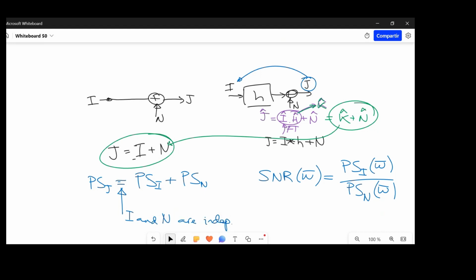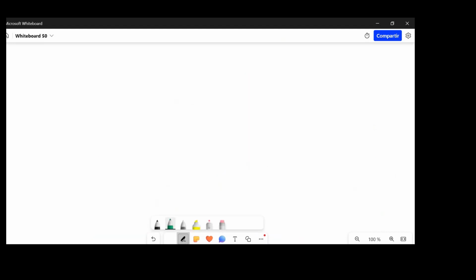So let's do this. I is the natural image multiplied by H. Okay, so the first step: running out of symbols, so let's say this is tilde.